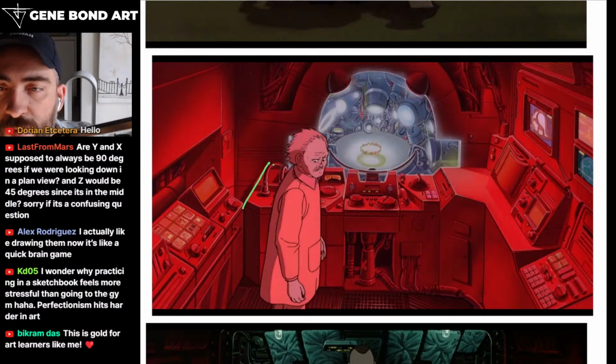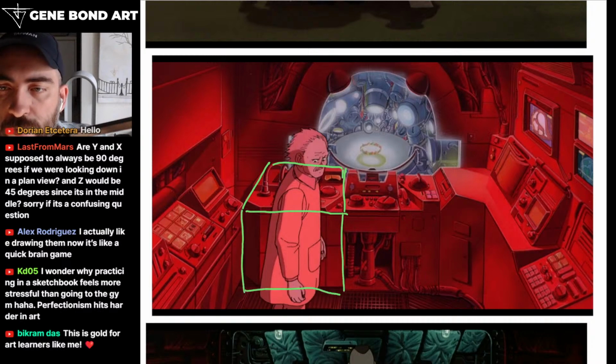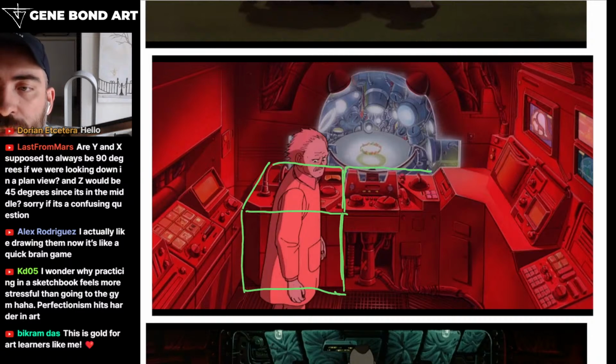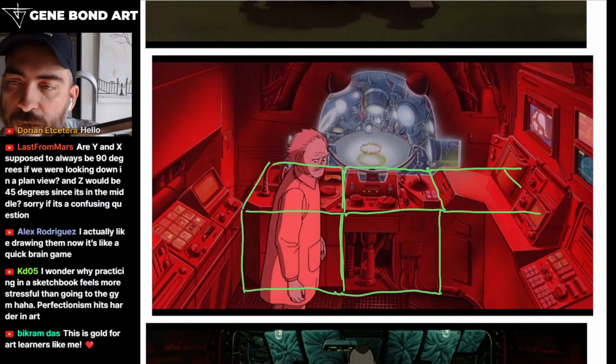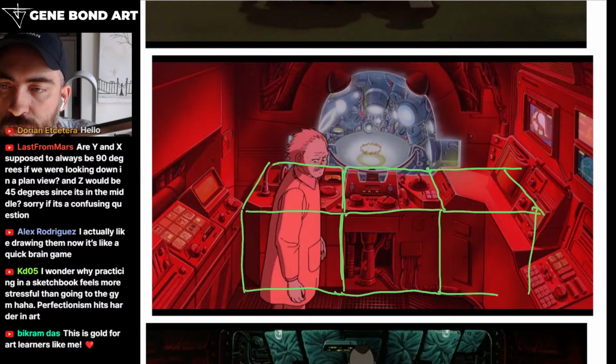Okay, I find this one looks like a cube, this element of the interior. And now I can recreate this scene from any angle again, because I start to have an idea of its ratio.